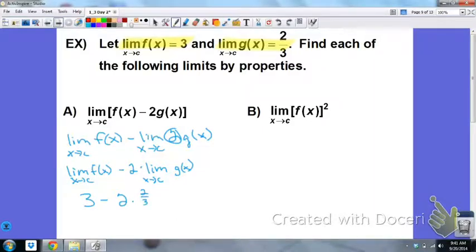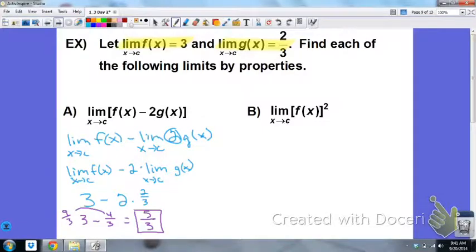Now we just need to follow PEMDAS. So we have 3 minus 4/3, which is going to give me 5/3. Because 3 is technically 9/3. 9/3 minus 4/3 gives us 5/3.